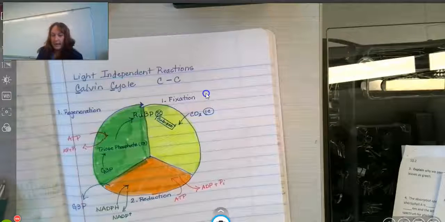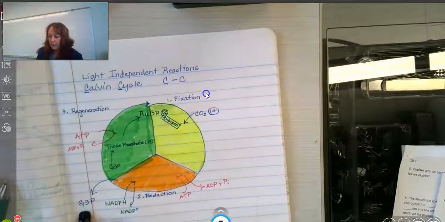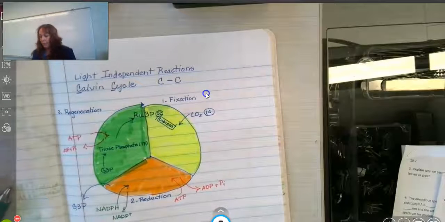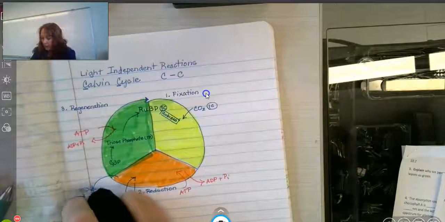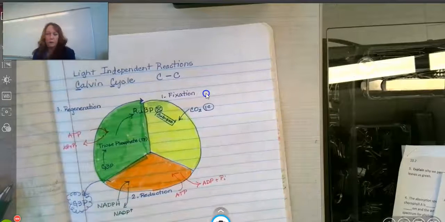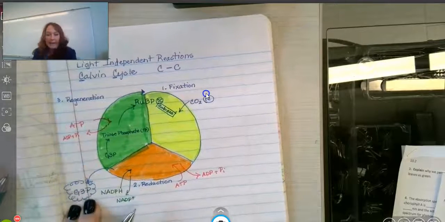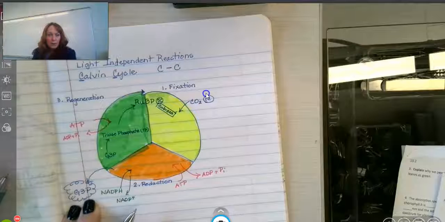Okay, so that literally is the Calvin cycle. When you're done, you end up with this. Let's make this important. I feel like I'm drawing a sheep. So this is the outcome molecule of the Calvin cycle, glyceraldehyde 3-phosphate.